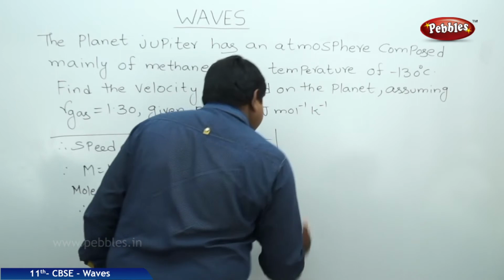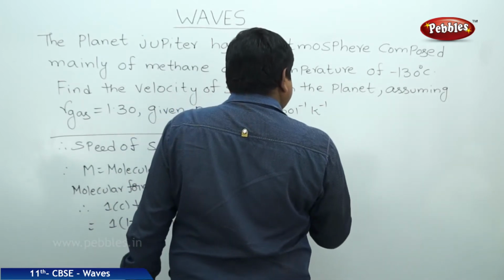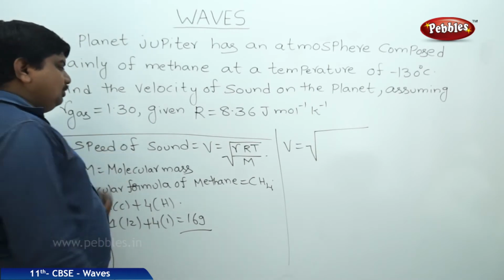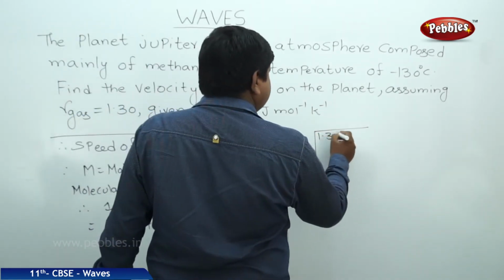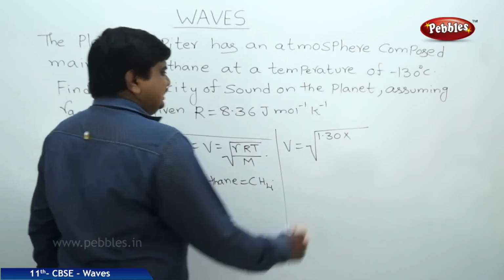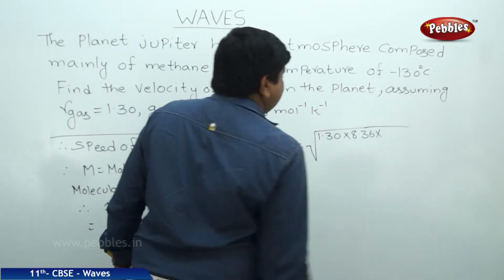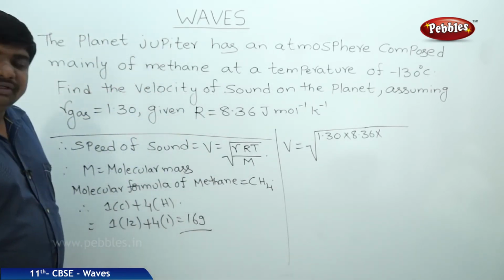So v is equal to square root of gamma, which is 1.30, into R, which is 8.36. Temperature we should convert to the Kelvin scale.